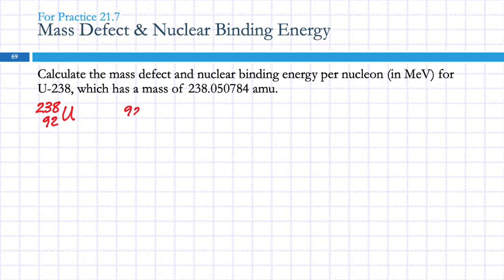So we have 92 protons, and the mass of a proton was 1.00783 atomic mass units per proton. And then we can find the number of neutrons by subtracting here. 238 minus 92, 146 neutrons.